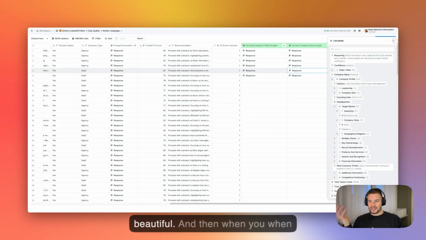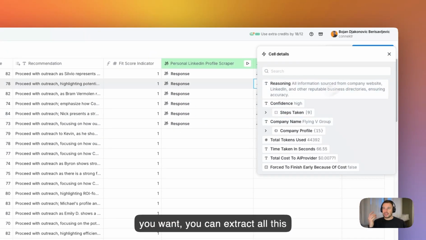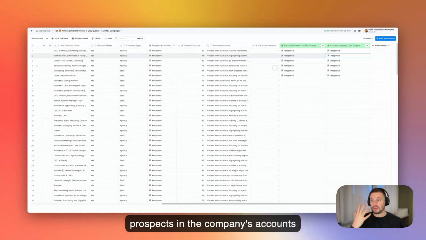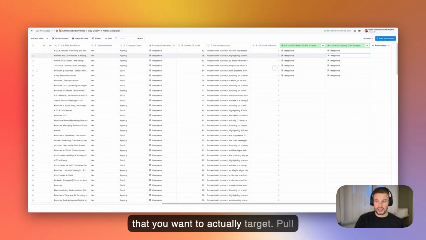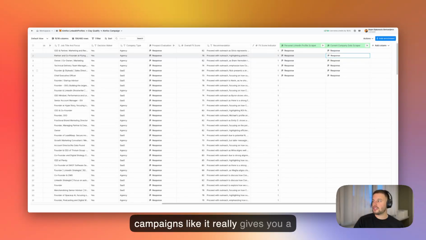This is just beautiful. And then, when you want, you can extract all of this data, then build or refine prospects and company accounts that you want to target, pull this data into or outside of Clay, or push it to some LinkedIn campaigns. It really gives you a lot of possibilities.